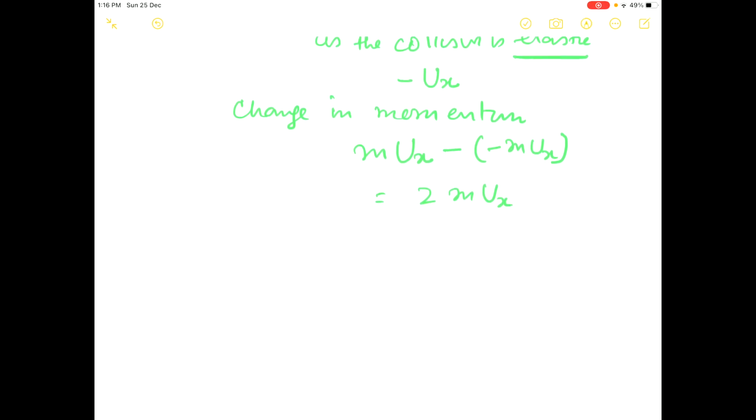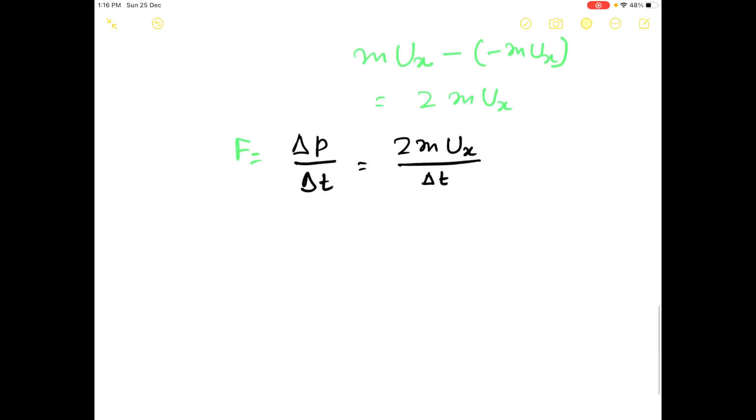And then force is equal to delta P by delta T, which is equal to 2mux divided by delta T. And delta T is equal to d by s, the distance travelled between two collisions, and s is the speed.